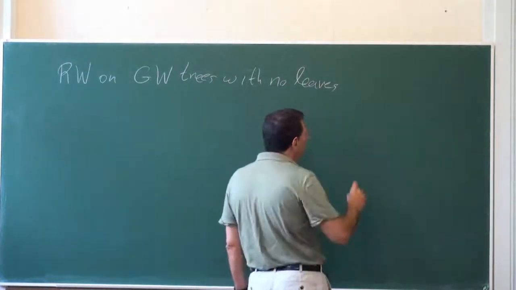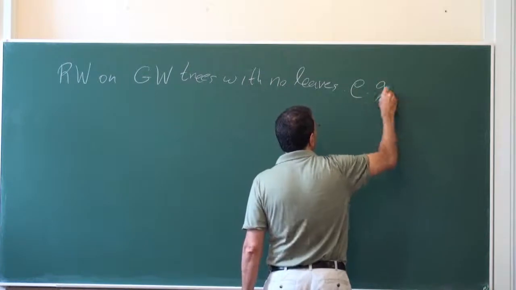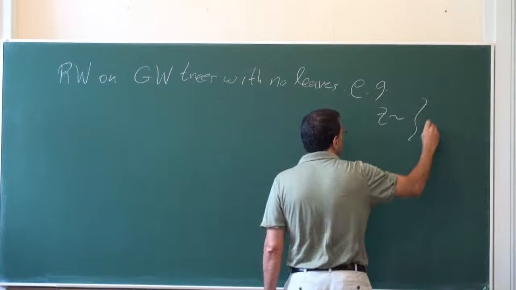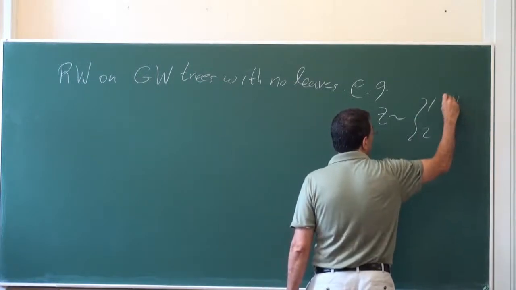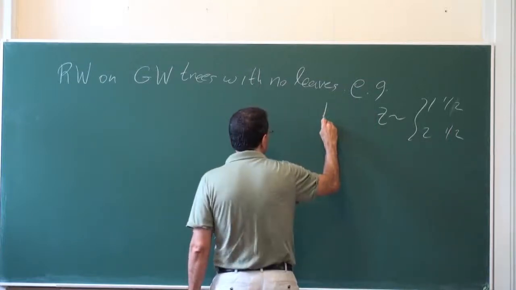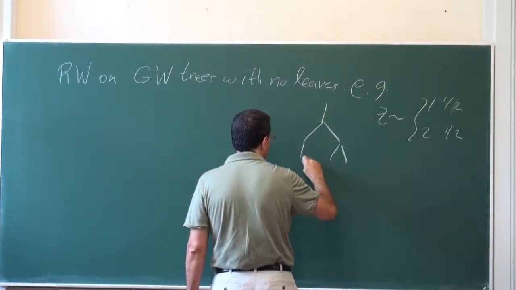So here is an example. Suppose the number of children is either 1 or 2 equally likely. So every node has either 1 child or 2 children with equal probability.